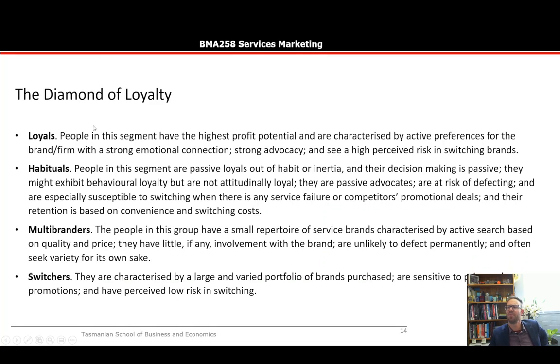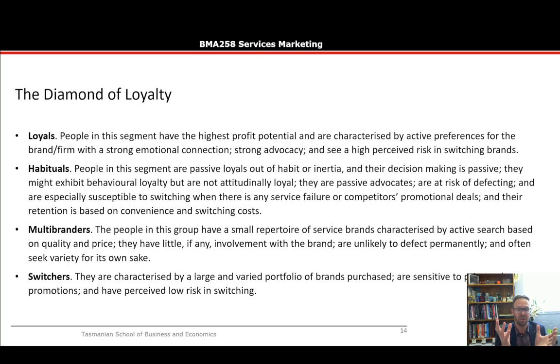So loyals are people in this segment who have the highest profit potential and are characterized by active preferences for the brand or firm with strong emotional connections. So loyalty isn't just about how much you spend and how long you stay, it's about the emotions as well. Customer loyalty is a multi-dimensional construct where it includes their cognitive, their affective, their emotional stuff, and their conative, so their propensity or their will or their drive to do things as well.